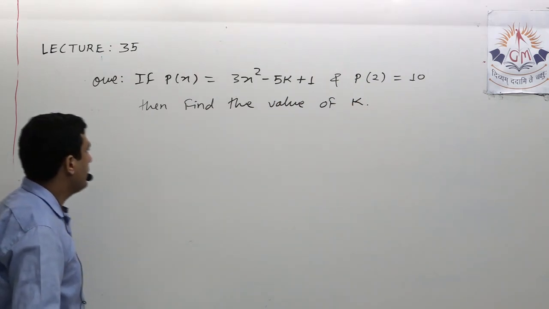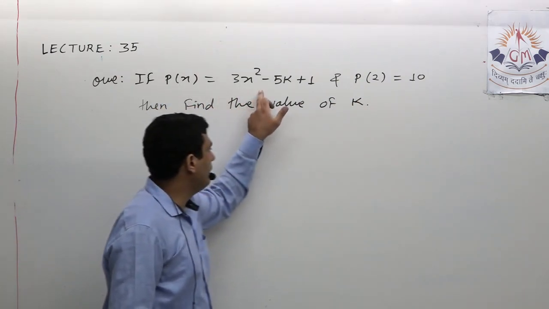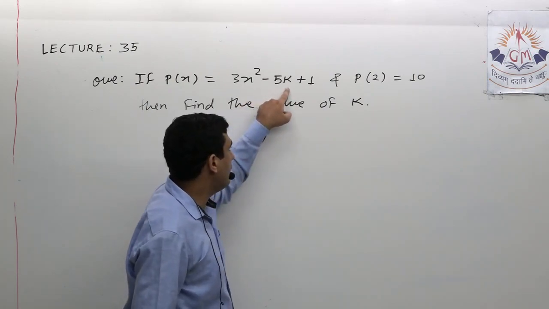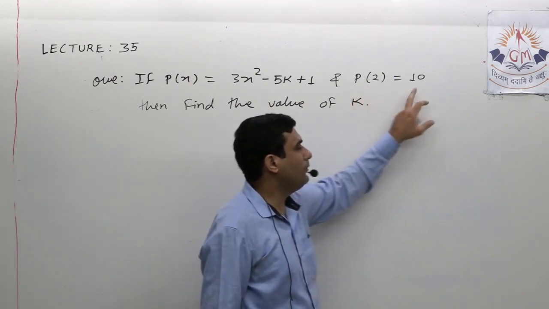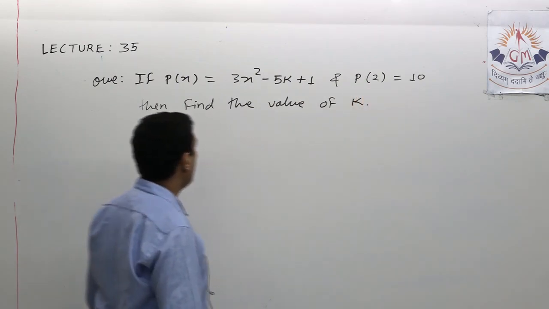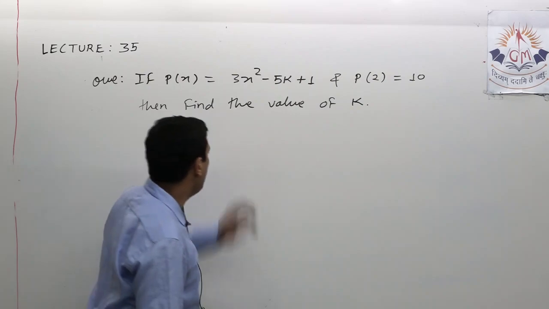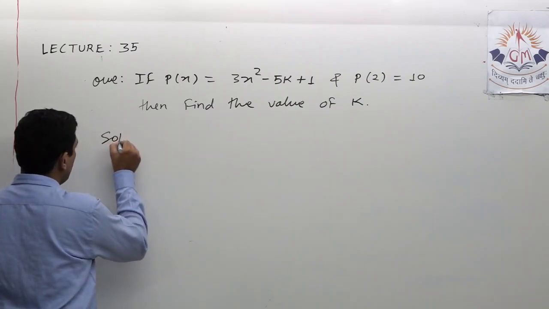Okay, two pieces of information are given. First, a polynomial is given, but over there is a variable, that is k, and it is also given p of 2 equal to 10. So what do you have to find? You have to find the value of k. So let us see how to solve this.